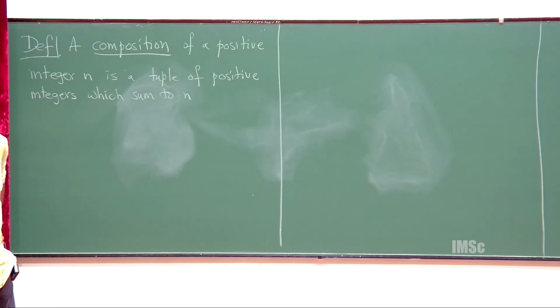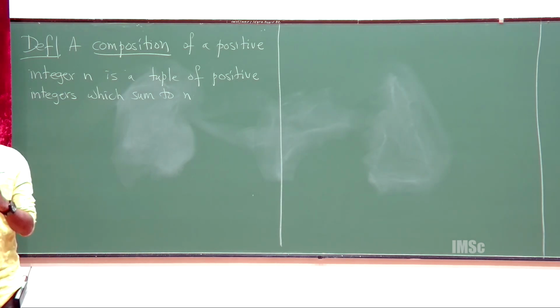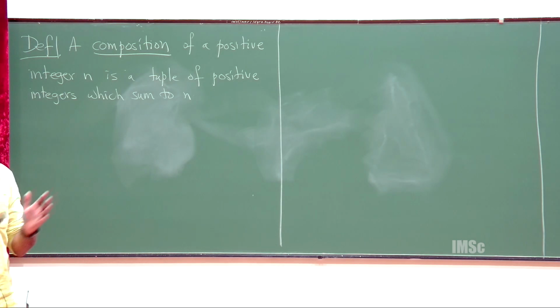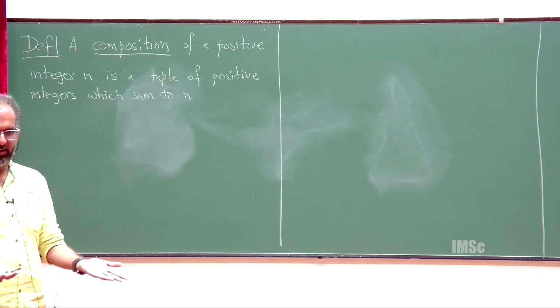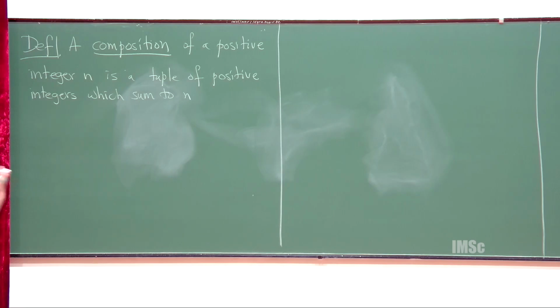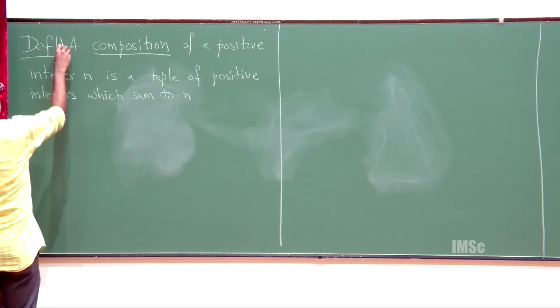So I have an integer, let's say 5. I construct all possible tuples of positive integers which sum to 5. We'll go to examples immediately, but I want to give the definition of partitions and we'll compare the two. Okay, this is the first definition.